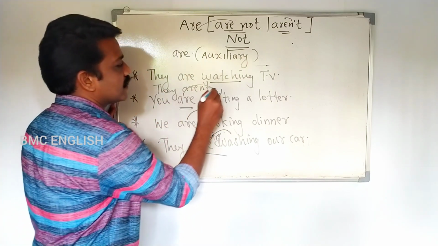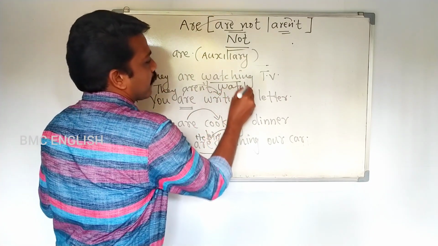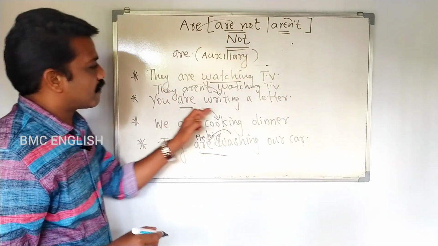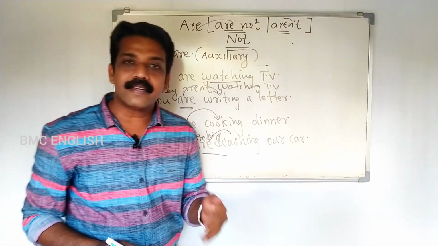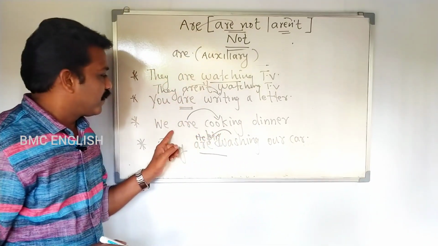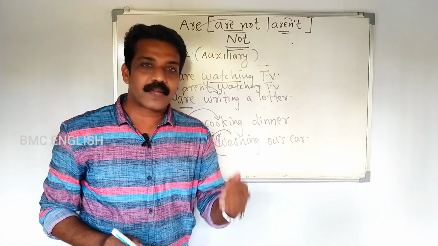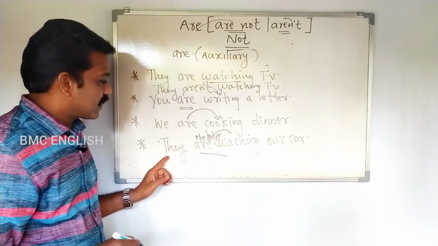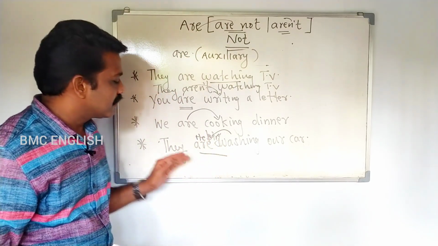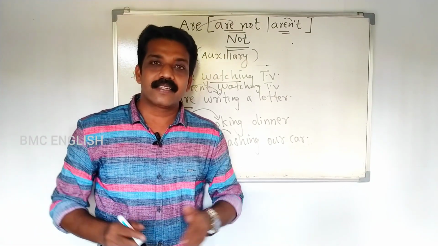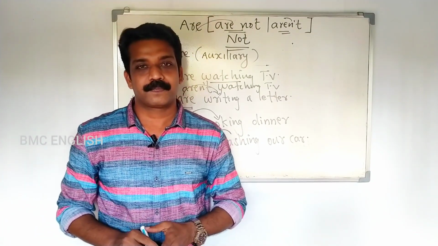So they aren't watching TV. Likewise, you are writing a letter, you aren't writing a letter. We are cooking dinner becomes we aren't cooking dinner. Next one, they are washing our car. When we change this sentence into negative, they aren't washing our car.